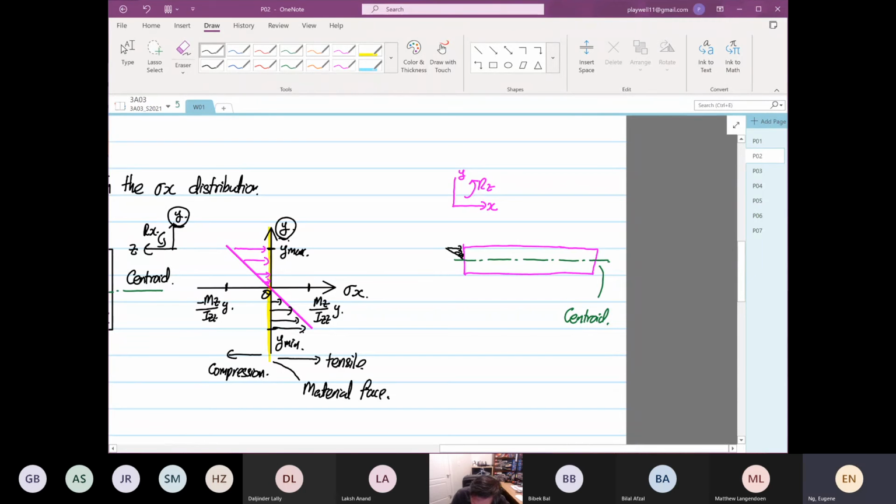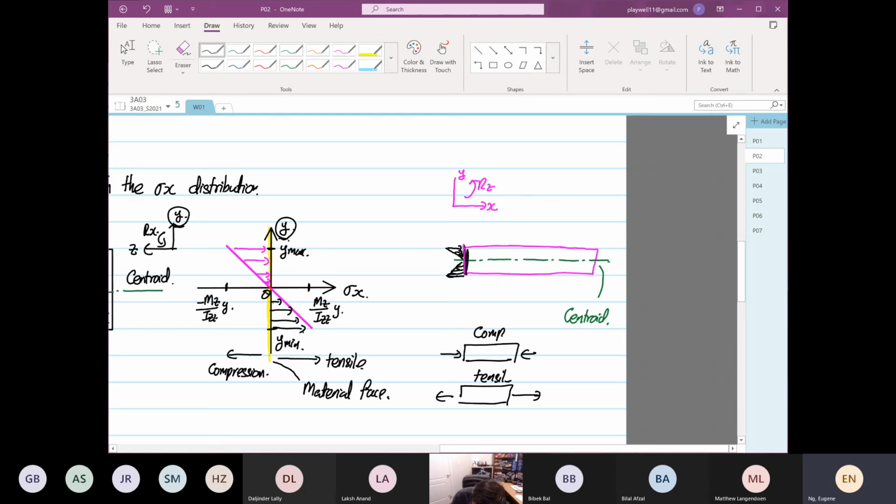So at the bottom end, you can reflect it over the other side. It's pulling away from this surface over here. Why? Because compression is pushing in, right? Tension is pulling out.